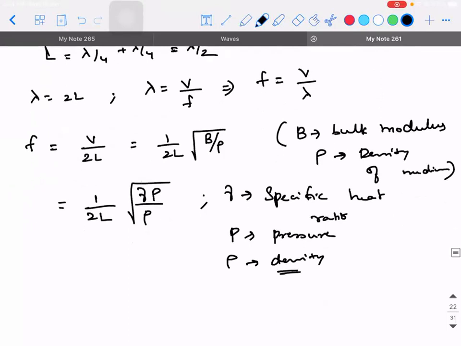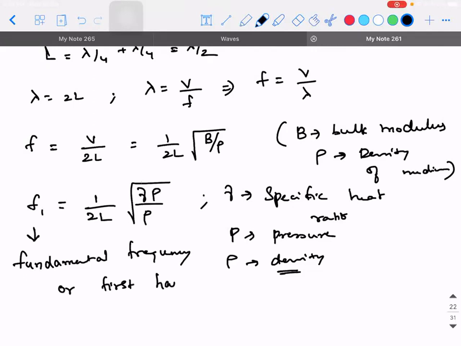So what is the name of this frequency, guys? You tell me. Last class I explained. It's called F1. So what is this called? Fundamental frequency of vibration. So it is fundamental frequency, or it is also called first harmonic.